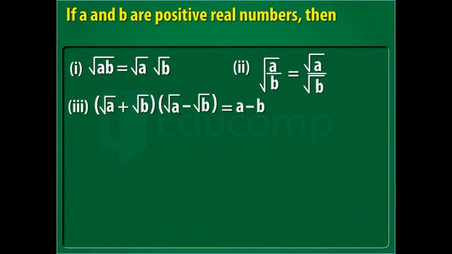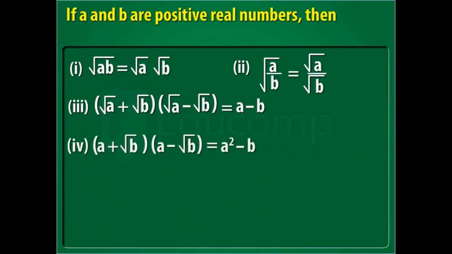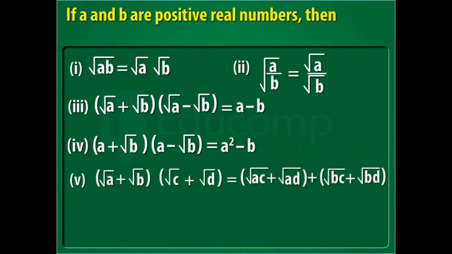Third, square root of a plus square root of b the whole into square root of a minus square root of b the whole equals a minus b. Fourth, a plus square root of b the whole into a minus square root of b the whole equals a square minus b.